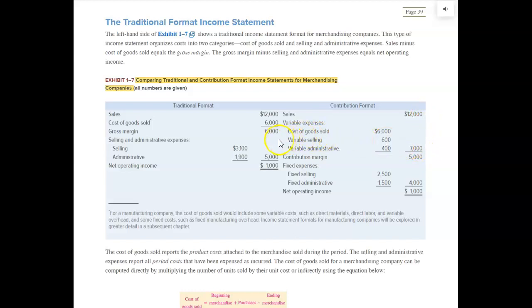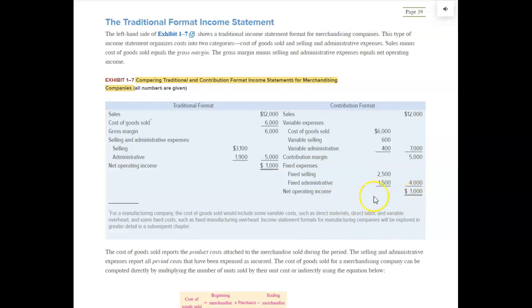That is not the same thing as gross margin or gross profit. Gross profit is revenue minus cost of goods sold. This is different. Once you have contribution margin, then you take away your fixed cost, and you have some fixed selling and fixed administrative. Put those down here, total fixed, and now net operating income is $1,000.